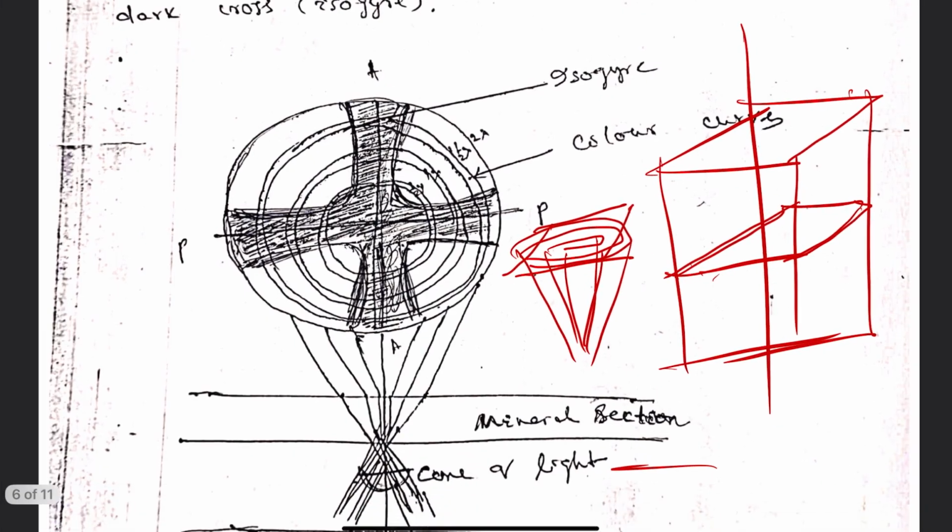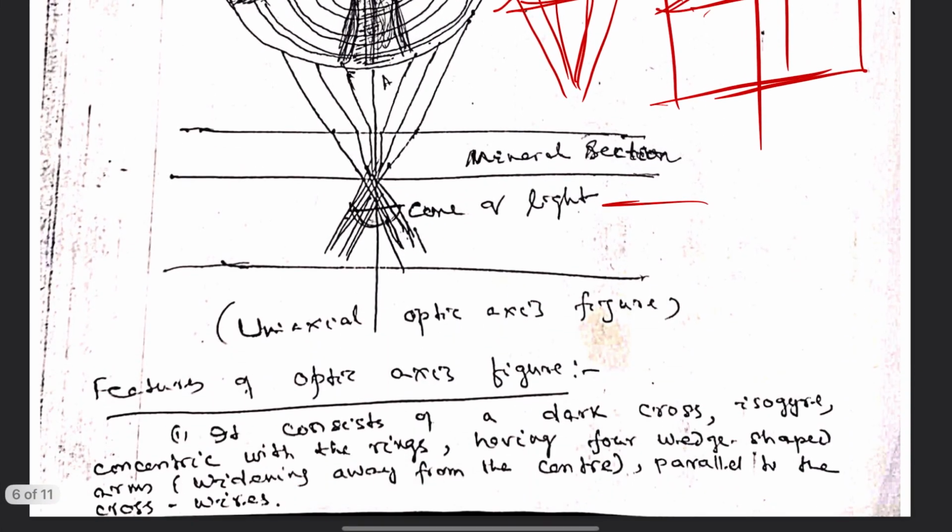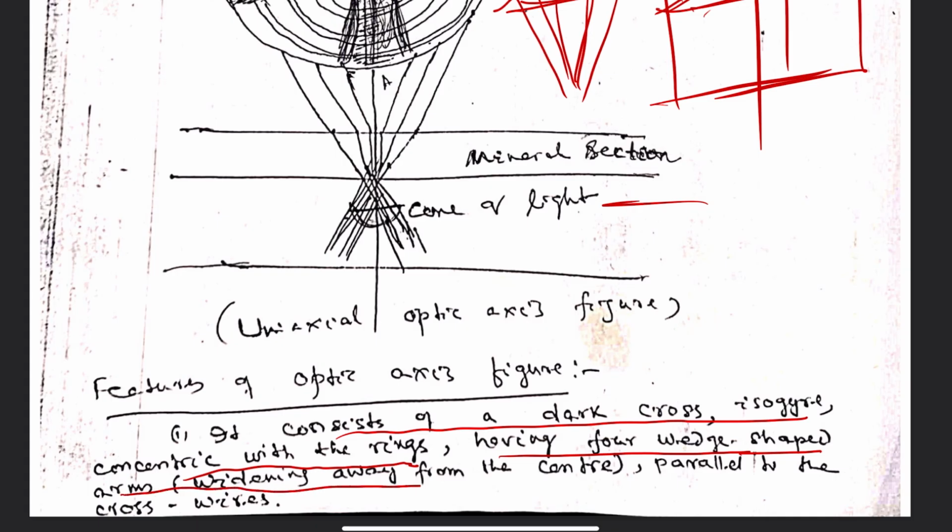Now let us see some of the properties of this optic axis figure, or the main features of this figure. It consists of dark cross, isogyre, concentric with the rings, having 4 wedge-shaped arms widening away from the center parallel to the crosswires.